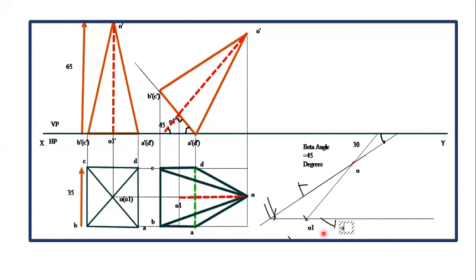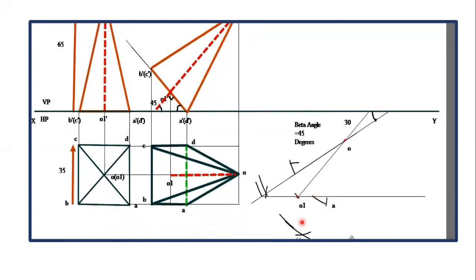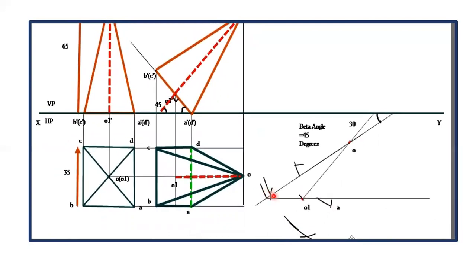Now name the points. This is A, B, this is point C, and point D. Now the visible and hidden edges have to be the same as in the second position.